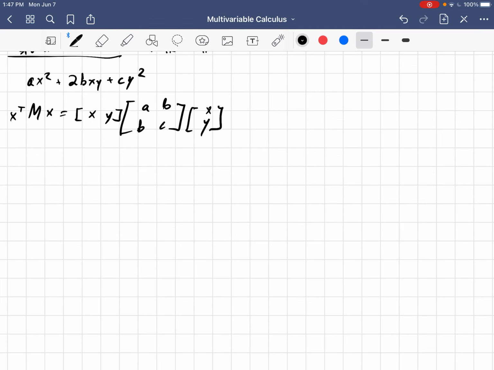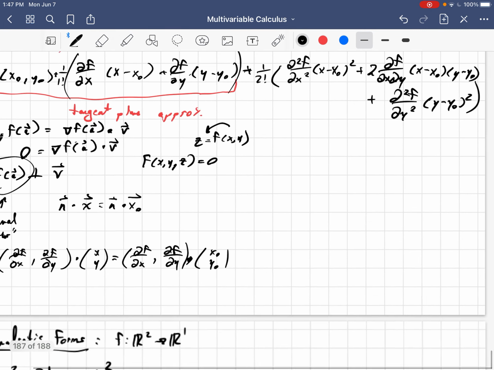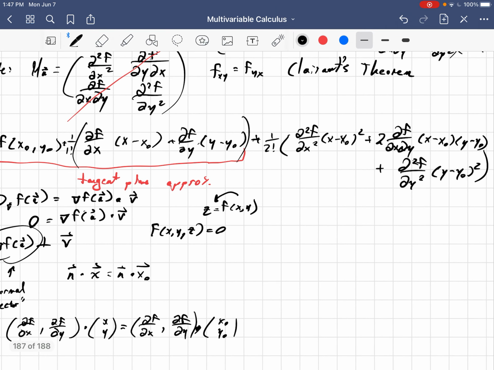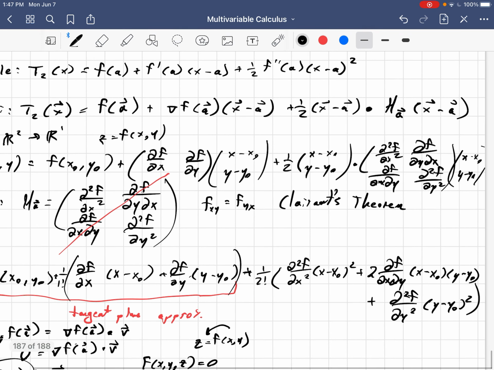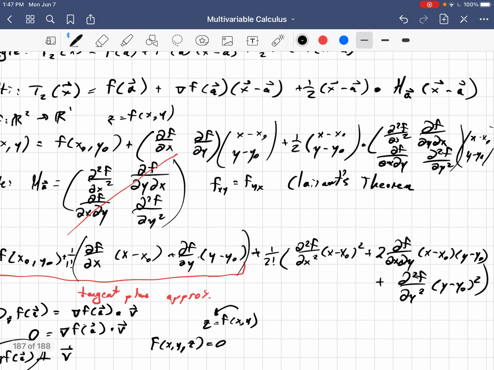Now, what we're asking here, because realize, if we have a critical point of the function f of x, y, and we're to talk about whether this represents a local maximum or a local minimum, we need to be able to tell when this quadratic term here is positive, negative, or neither.